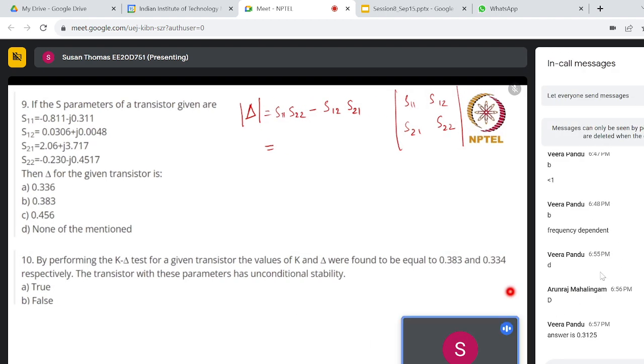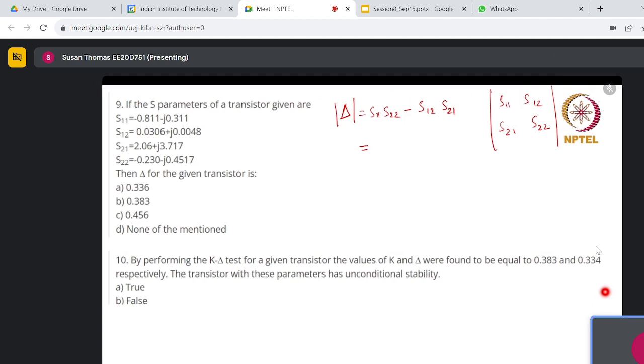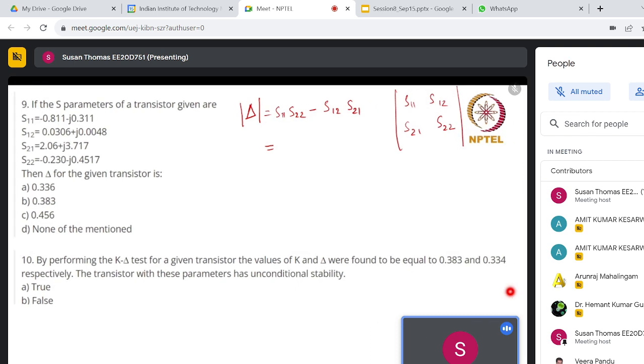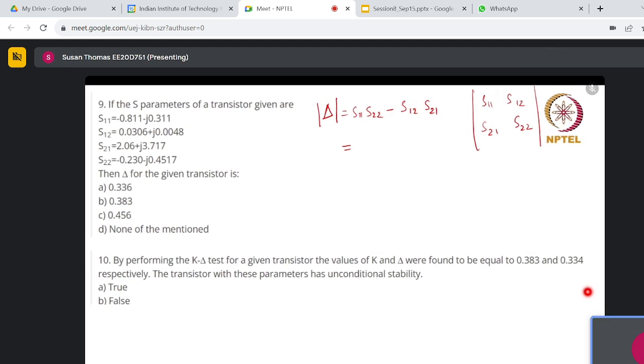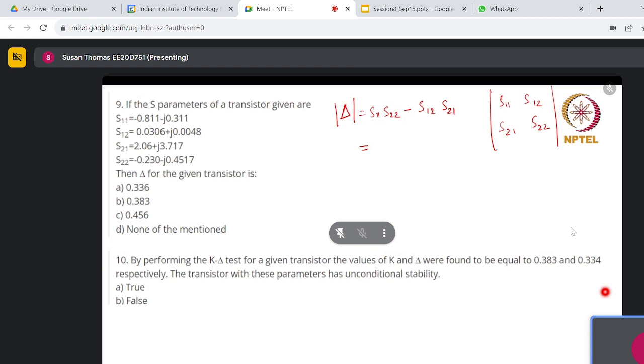So now you have recalculated, I think. What was the mistake before? Maybe you can help others. Approximately 0.3144. Okay, so you are saying that it's not exactly 0.336. Fine.